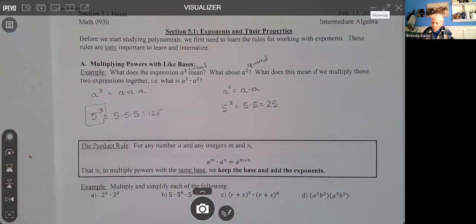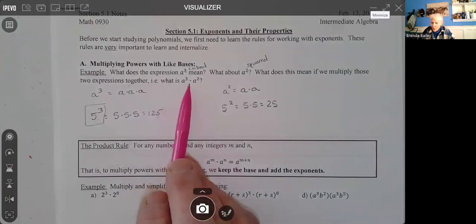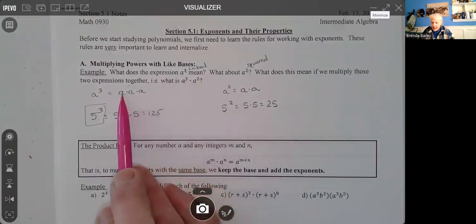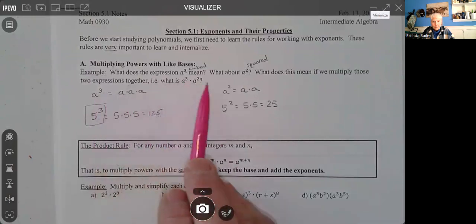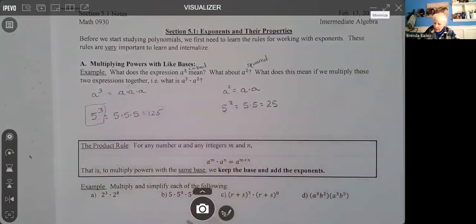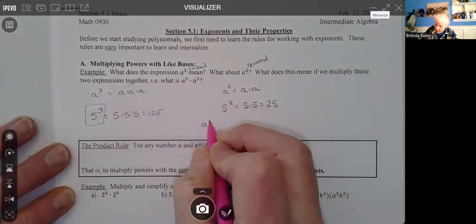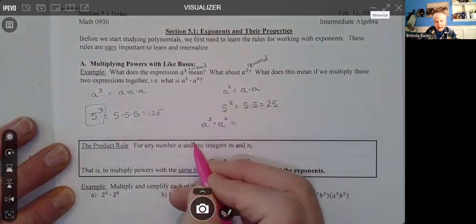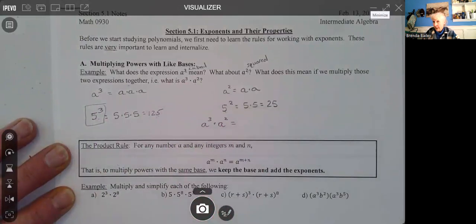Now, this is our first rule that we're going to talk about: what happens if we want to multiply these two together? I want to take a cubed times a squared, using the expanded form to explain the rule.